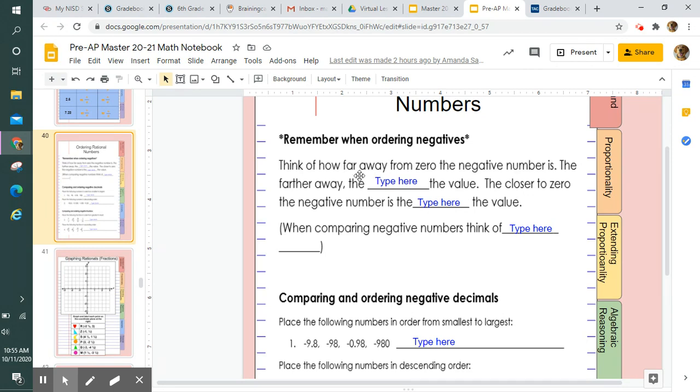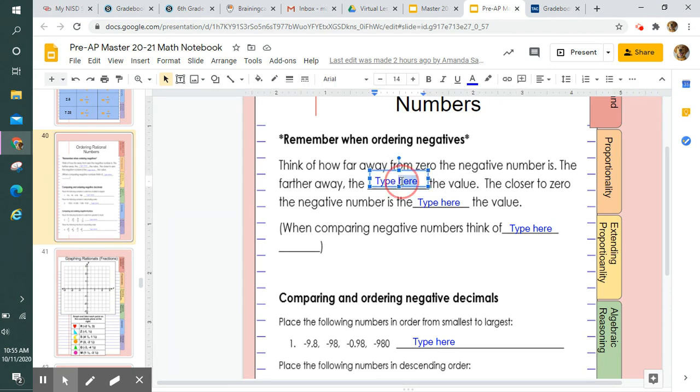When you have negatives, you think about how far away from zero the negative number is. The further away from zero, the less the value is. The closer the negative number is to zero, the greater the value.